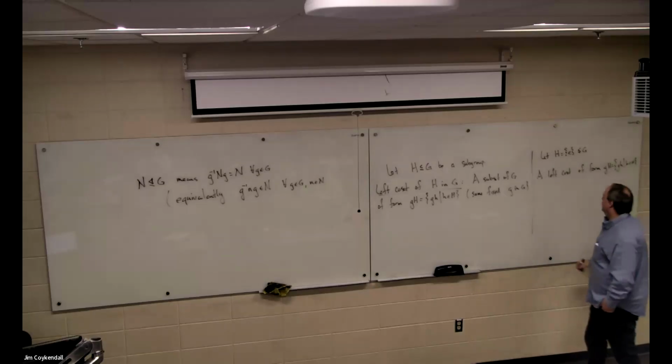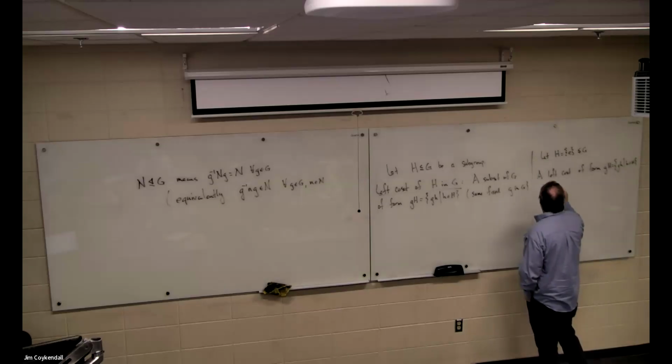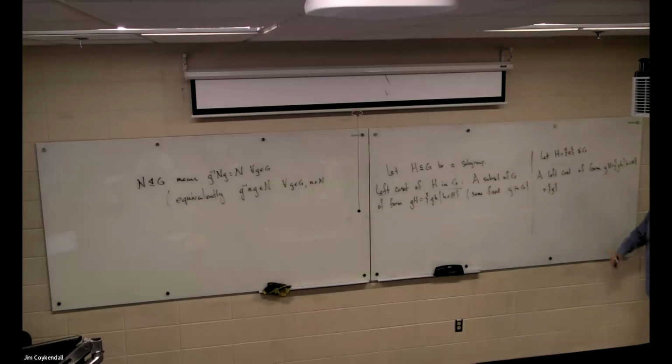So there's only one element. So in this case, it's just G. So this coset here would just be the element G, right?